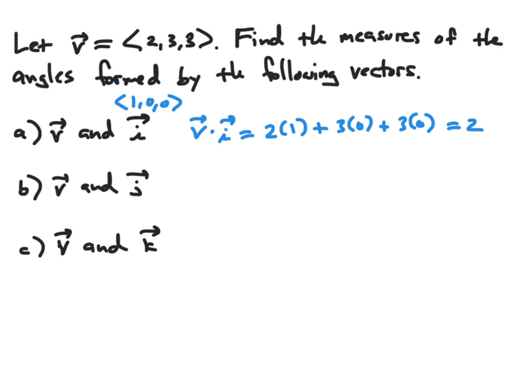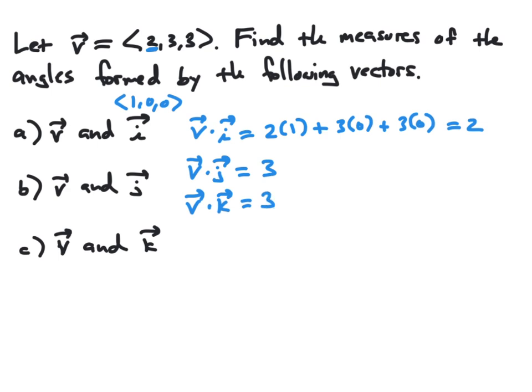We'll notice that this dot product is going to be the first component of v, which is 2, because when we compute the dot product with i, the other components are all multiplied by 0, and our first component is multiplied by 1. Similar calculations will show that v dot j will be the second component of v, which is 3, and that v dot k will be the third component of v, which is also equal to 3.